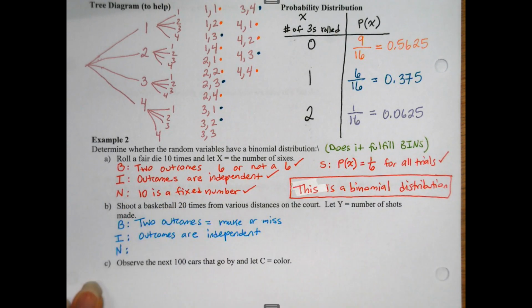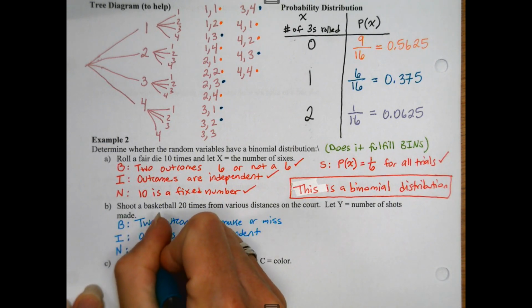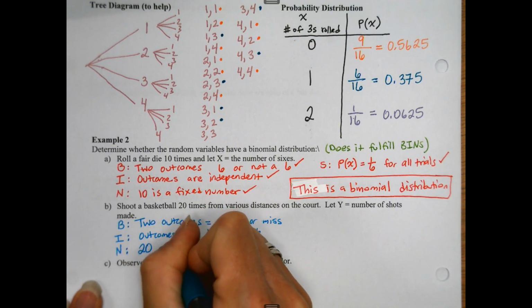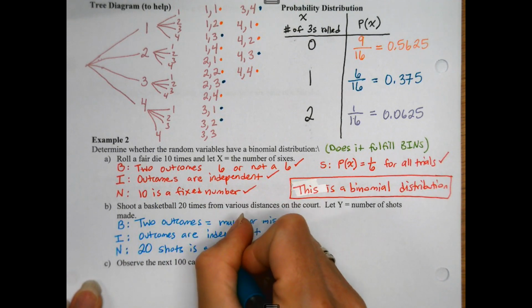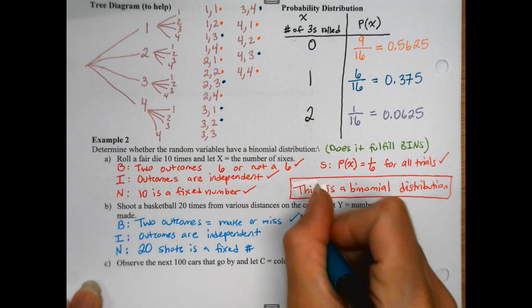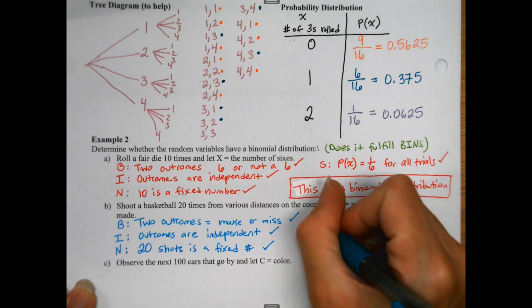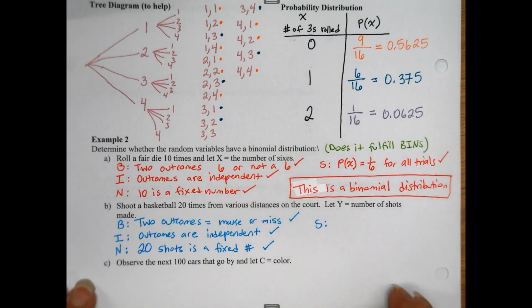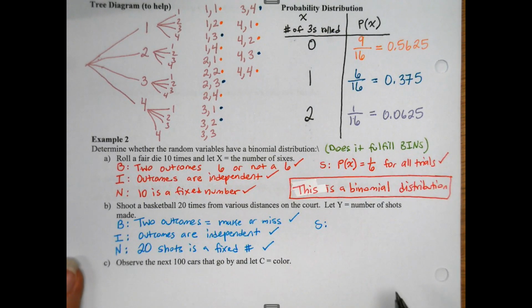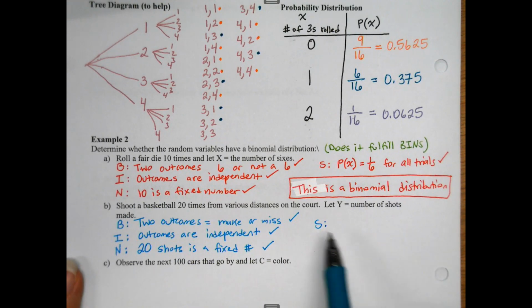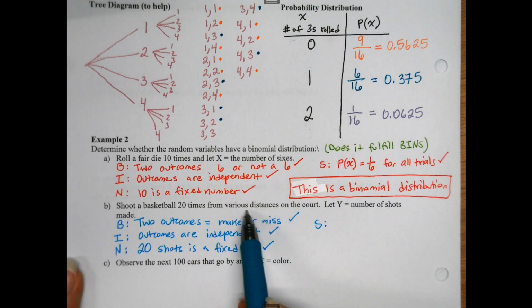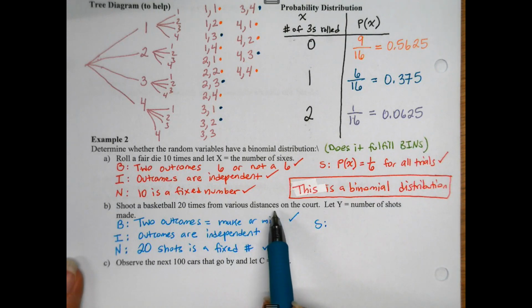For N, does it have a fixed number of trials? They told us that it's going to be 20 shots. So therefore, 20 shots is a fixed number. So we've met B, I, and N. Now we need to look at S. The probability of success. Well, it told us that we are taking shots from various distances. Since the distance is changing, that's going to change the probability that we make the shot.